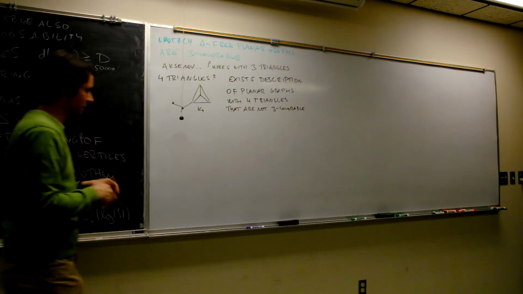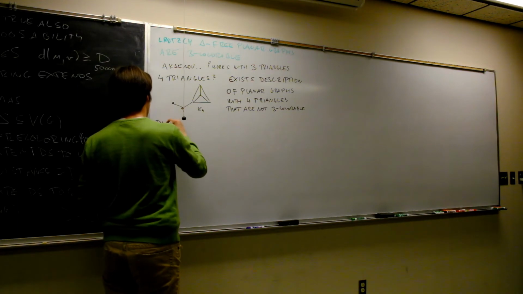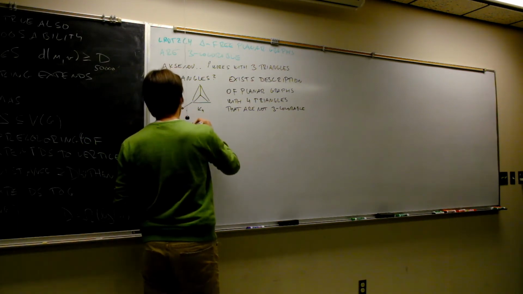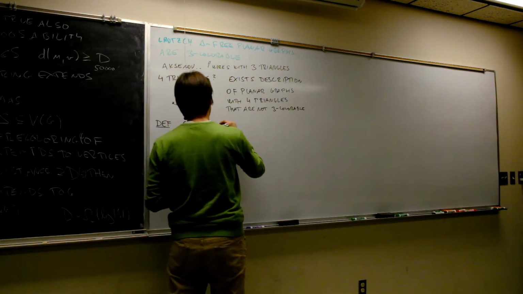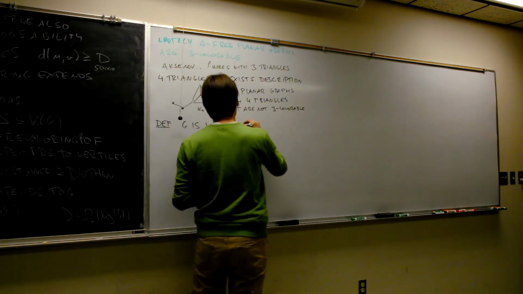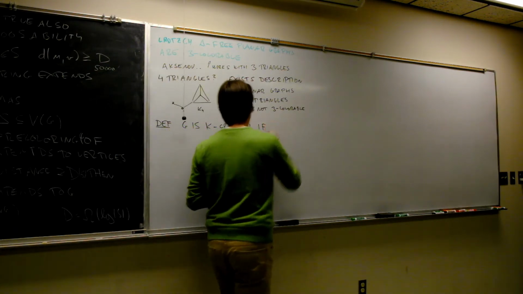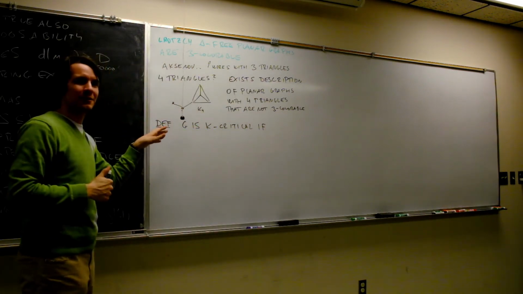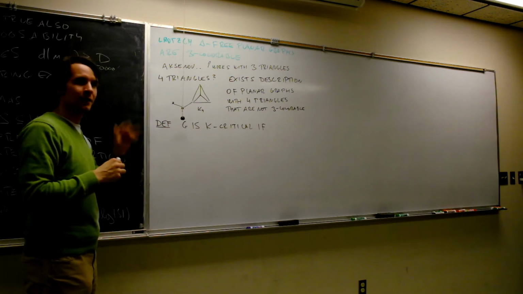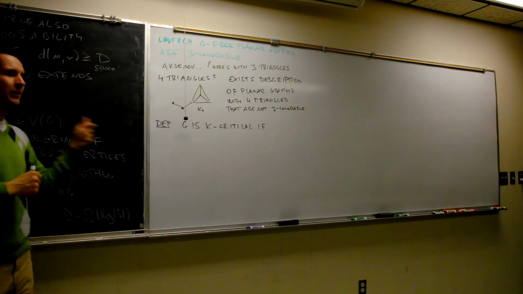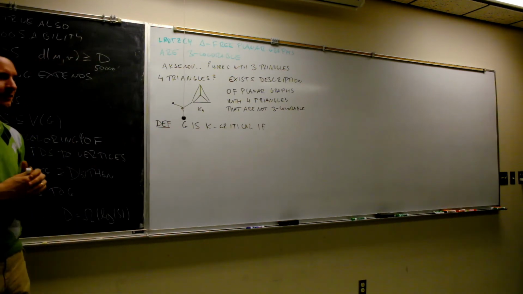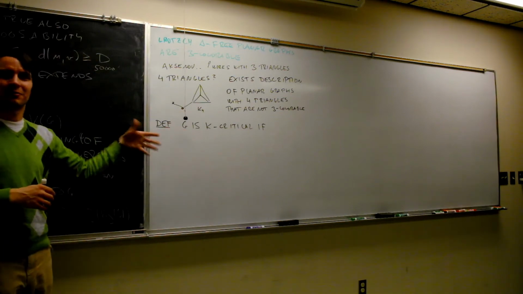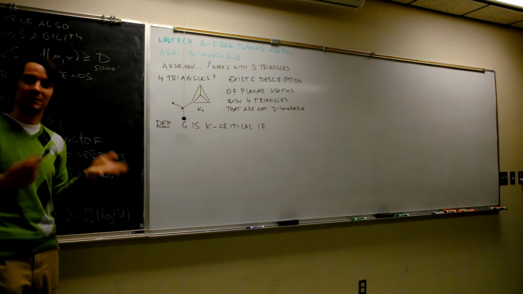So there is a notion of critical graph. Say that G is k-critical if you cannot color it with k minus 1 colors, but whenever you remove any vertex or edge, you can color it with k minus 1 colors. So I would like to have the smallest obstacle for a graph to be k minus 1 colorable.